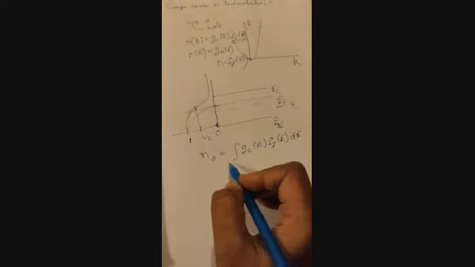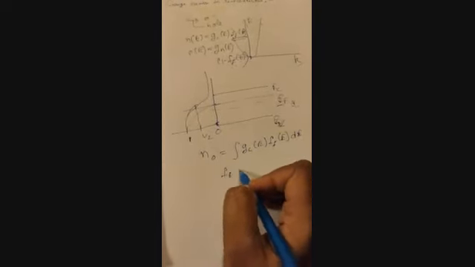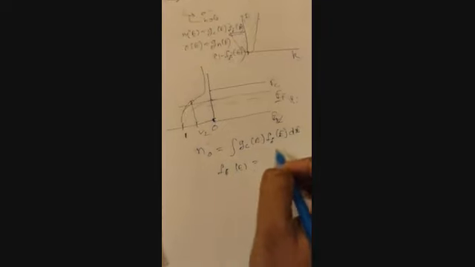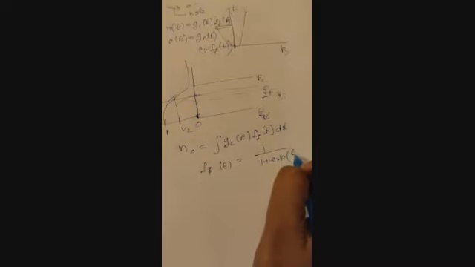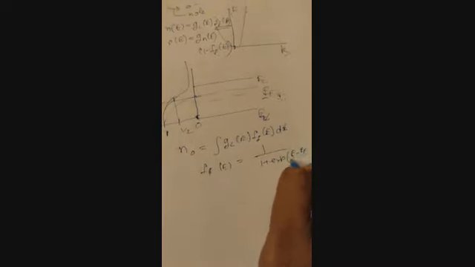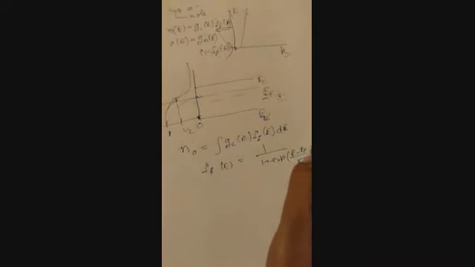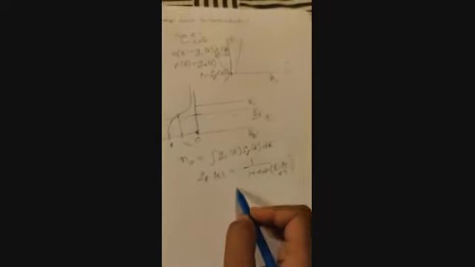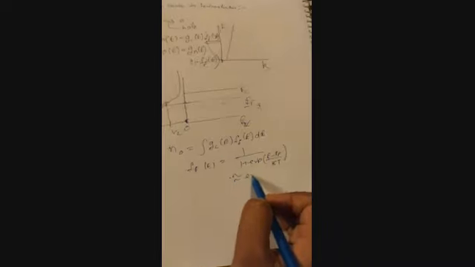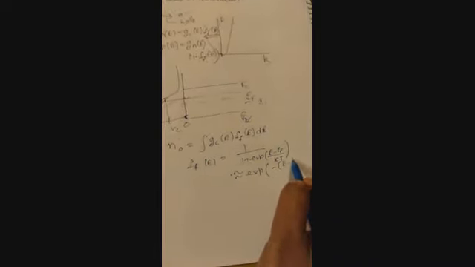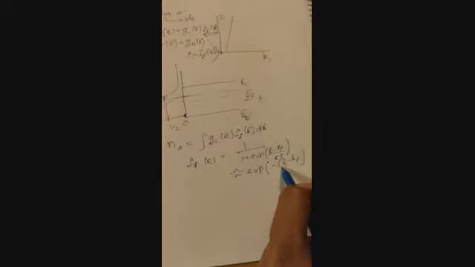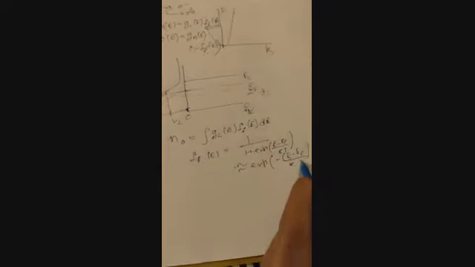Now F of E, as you know, should be equal to 1 upon 1 plus exponential of (E minus EF) upon kT, which can be further simplified to exponential of minus (E minus EF) upon kT.